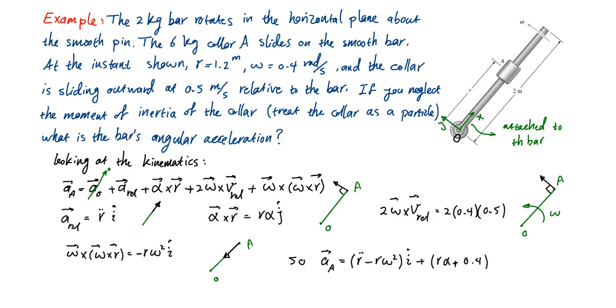I forgot to put j here. This is in the j direction. So this would be j. So this gives me the general form of the acceleration of point A, which I'm looking at as a particle.